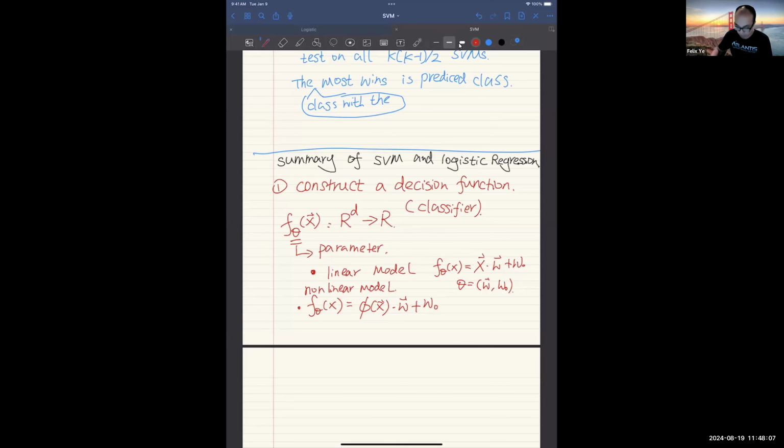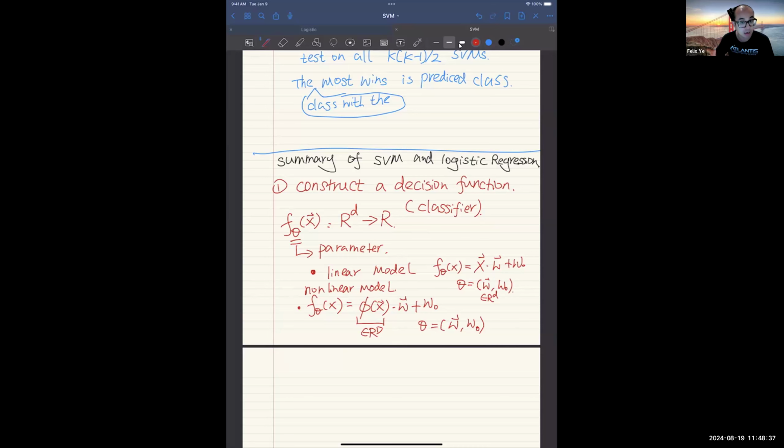Of course in this case, w is in R^D, let's say my feature is in R big D now. Then with the nonlinear models, my theta is just w and w0.